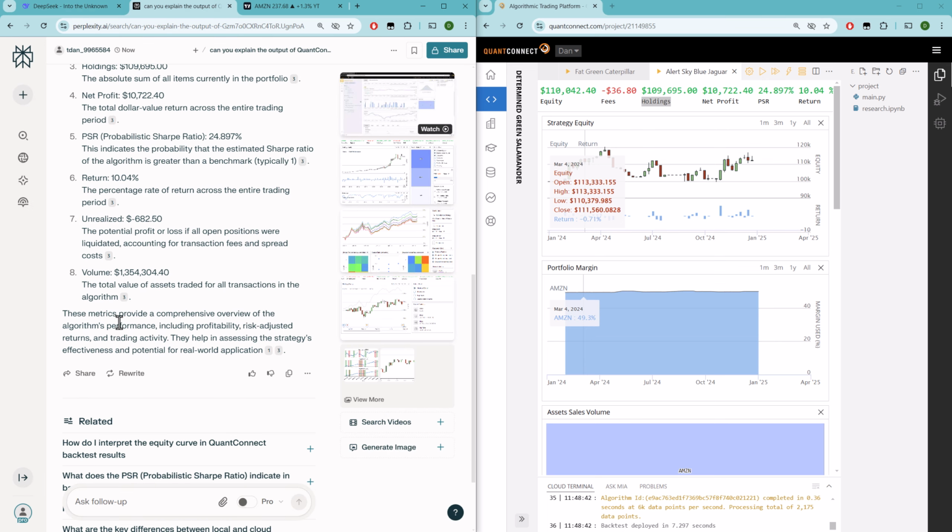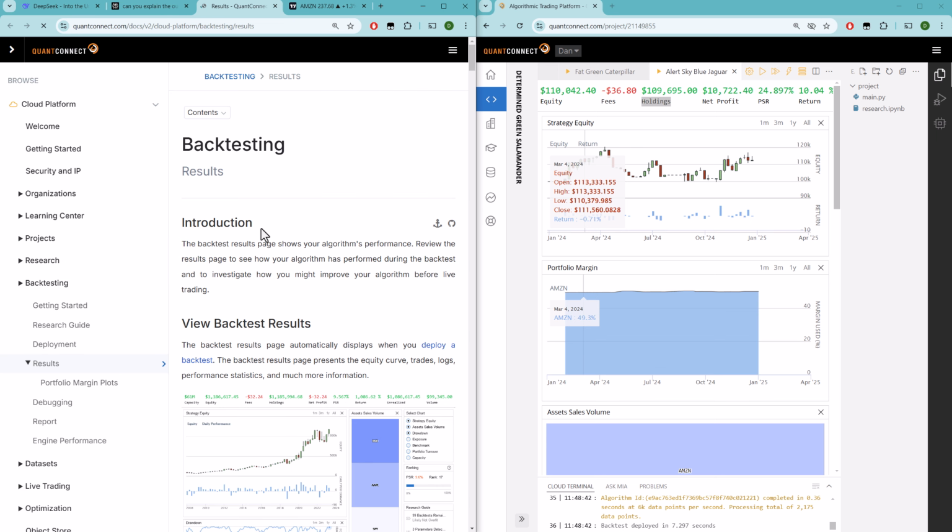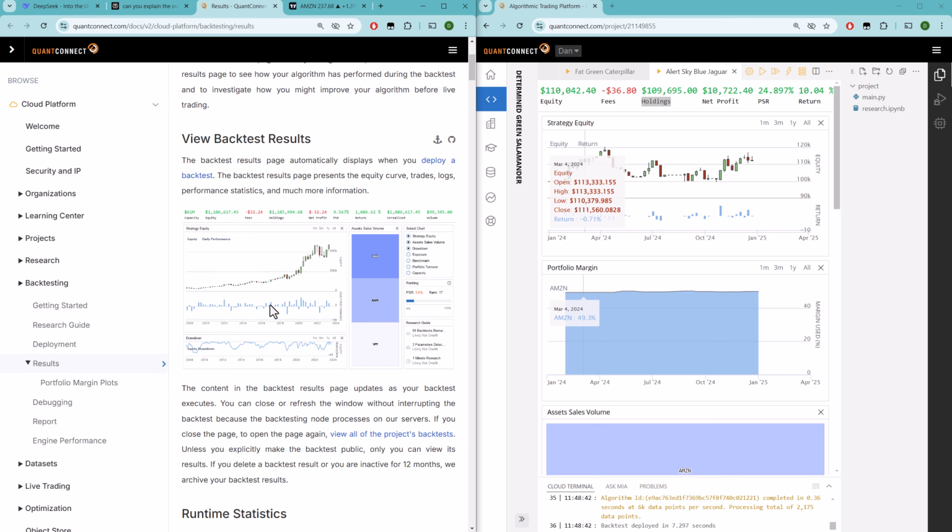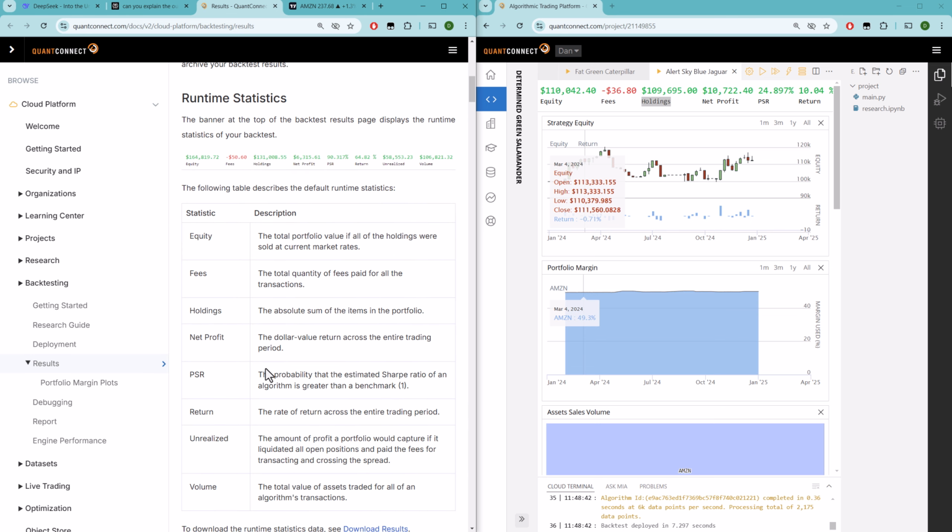Return, unrealized, volume. So let me go a bit here and say, okay, backtest results, even QuantConnect has some documentation. And here it says, probability that the estimated Sharpe ratio is greater than the benchmark.